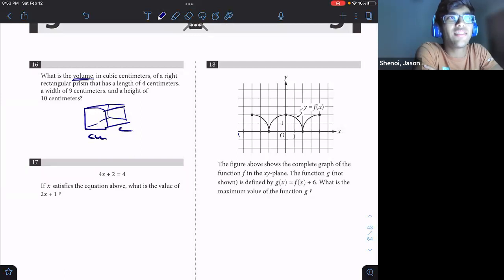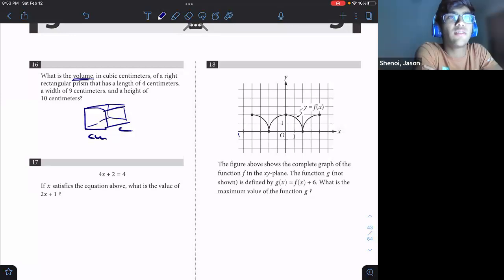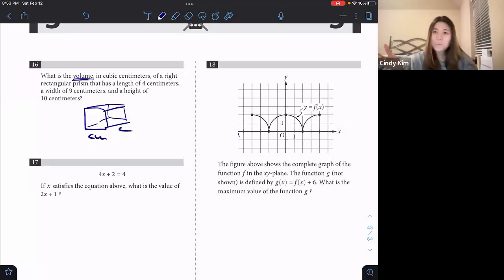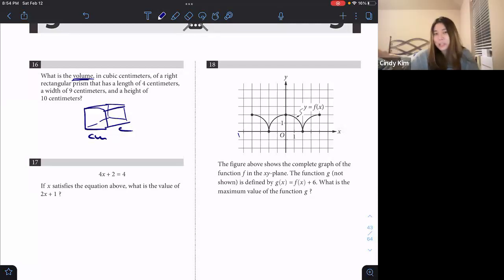세제곱. We call square centimeters 제곱, just 제곱.